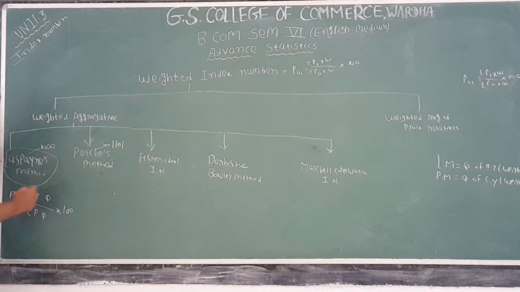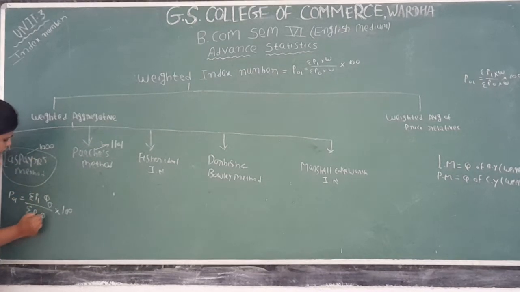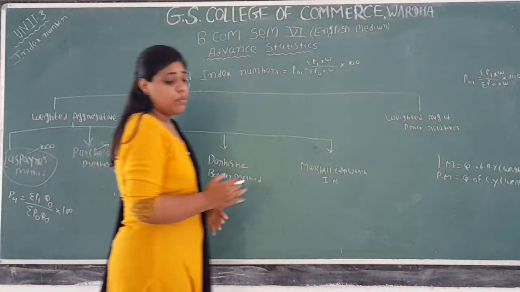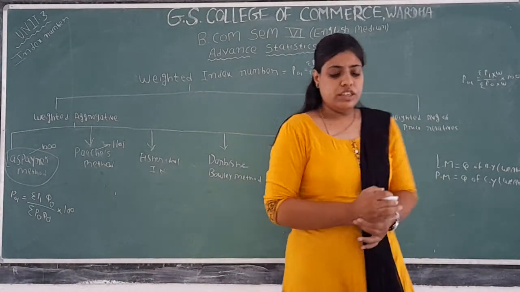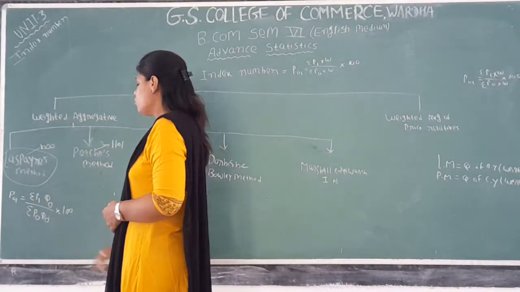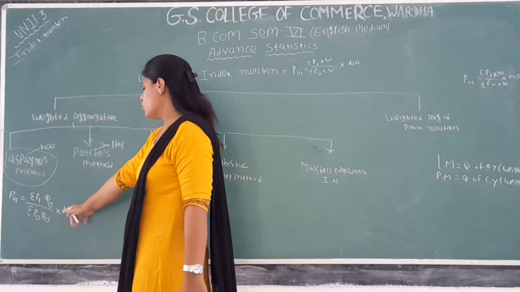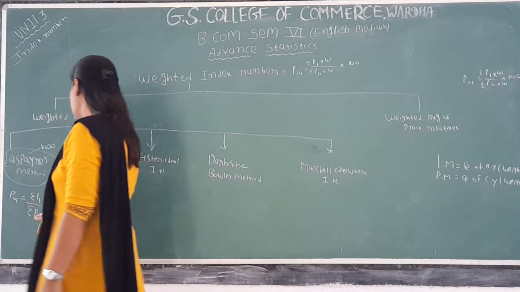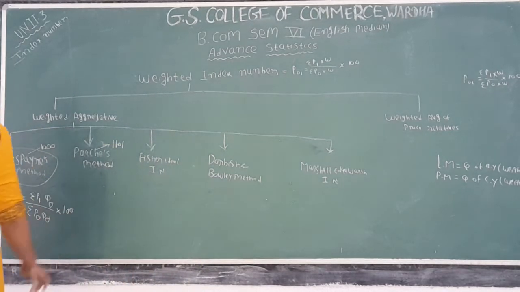Because summation P1 Q0 upon summation P0 Q0. So that is why when we talk about the Laspeyres method, the formula is: price index number is equal to summation P1 into Q0 upon summation P0 into Q0 into 100.